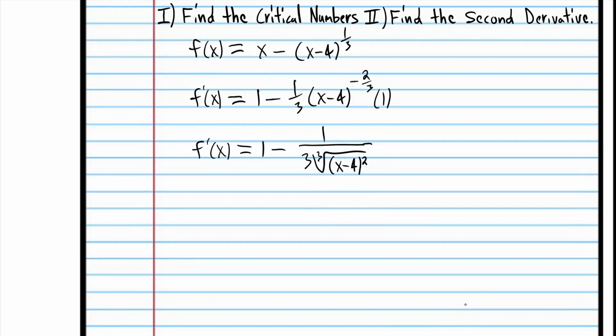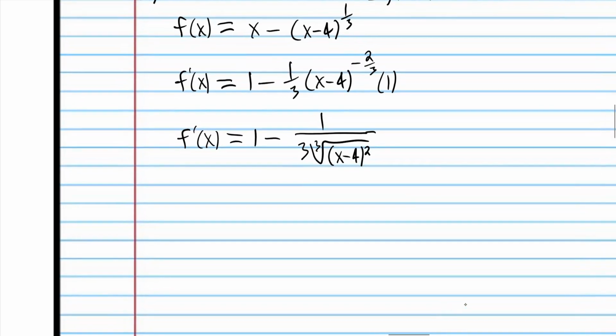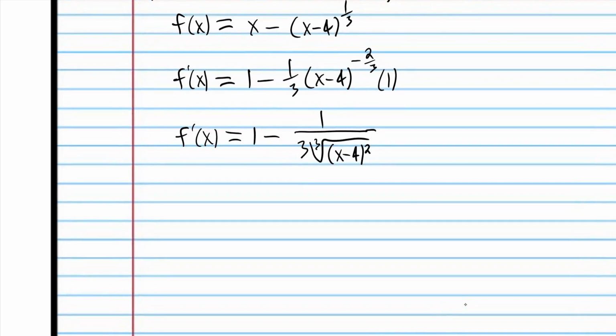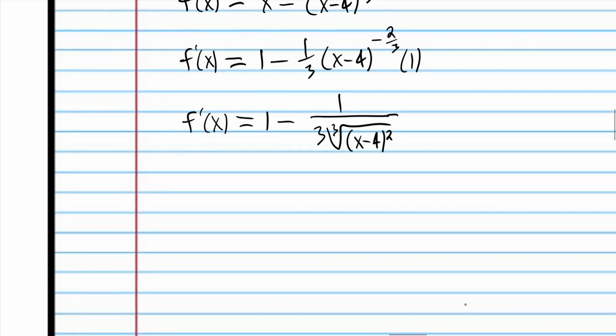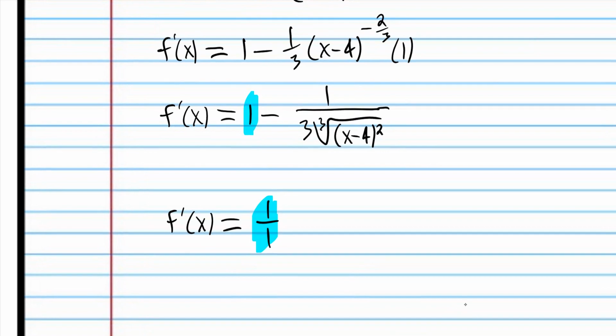Okay, so we want to know where f prime is either undefined or 0. That's the critical numbers. So I'm not going to do a lot of this math. Well, maybe I'll just do it. I'm going to change 1 to 1 over 1, and I'm going to get a common denominator. We have to combine everything to one expression.